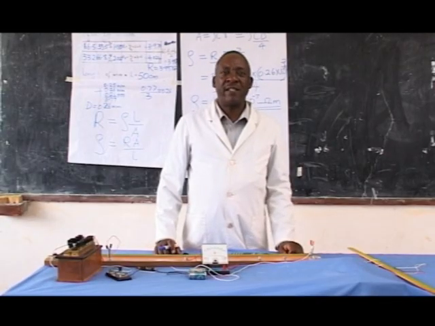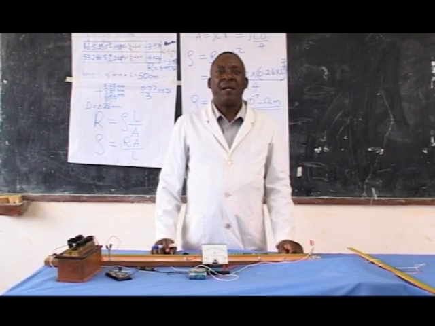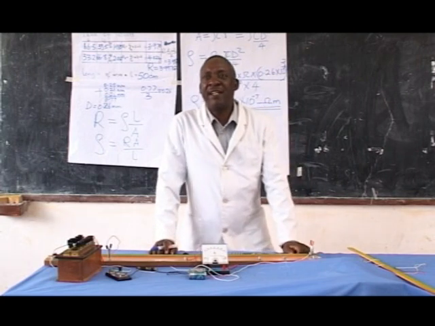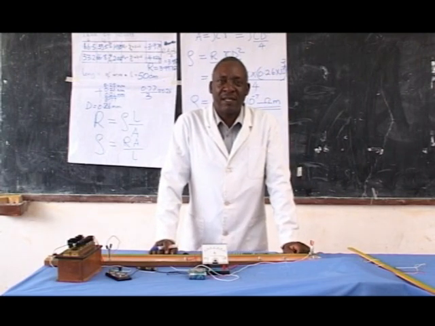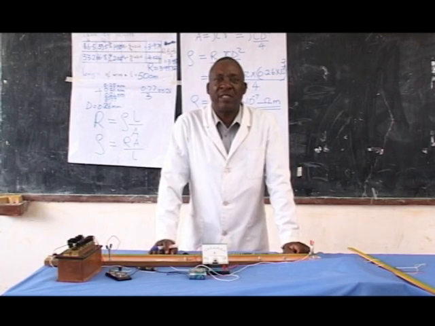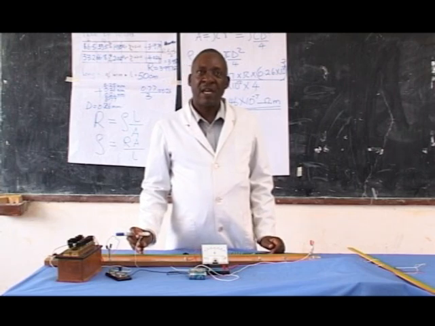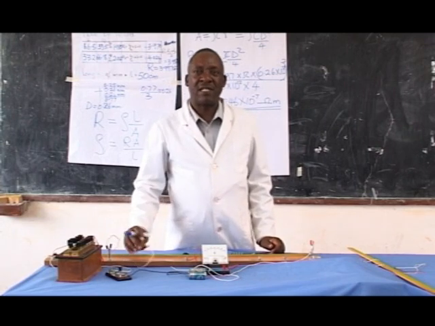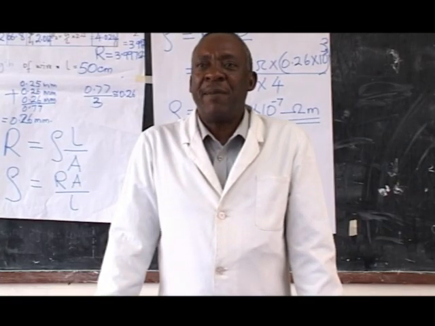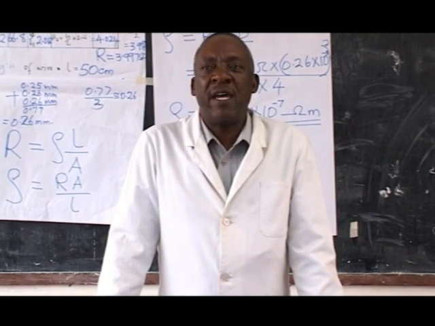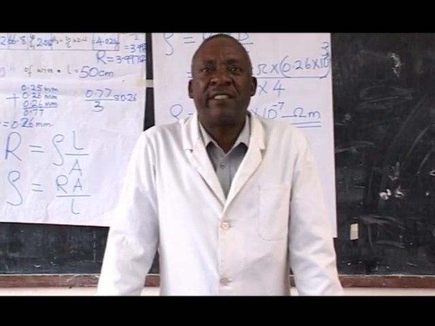Sources of error in this experiment: parallax error in reading the balancing point, and heating of the circuit due to sliding of the jockey. You must touch the wire and not slide on it. Now determine the resistance of nichrome wire and hence find its resistivity.